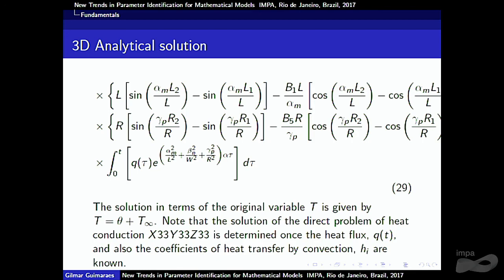So we can work with this, and if we have the heat flux, we have the solution of the direct problem.